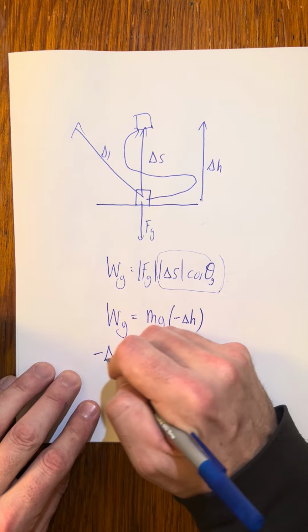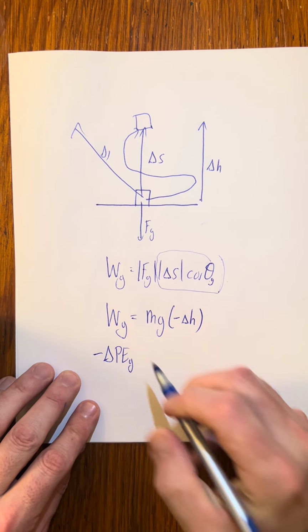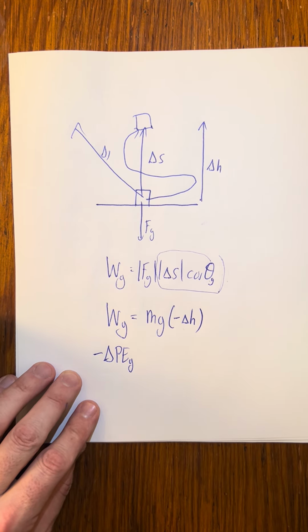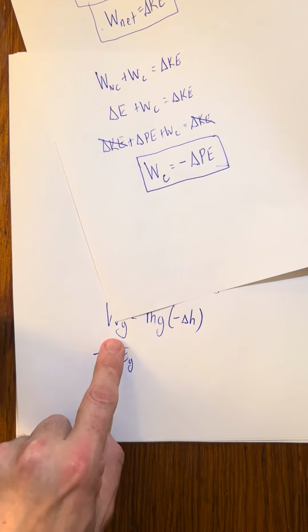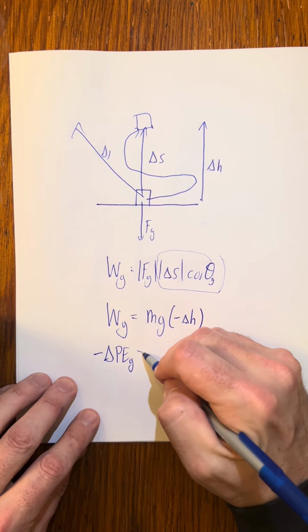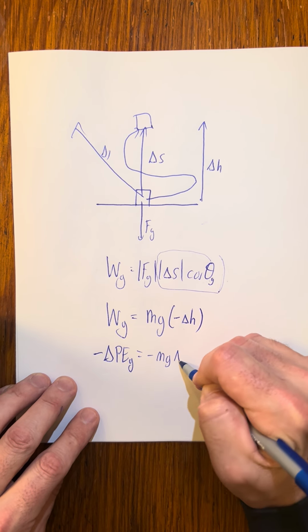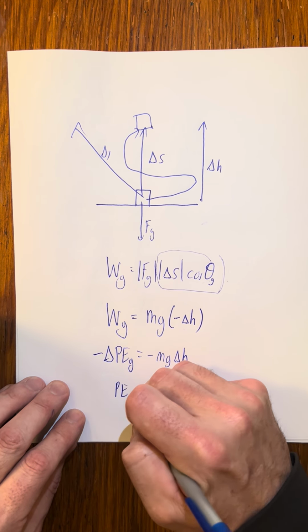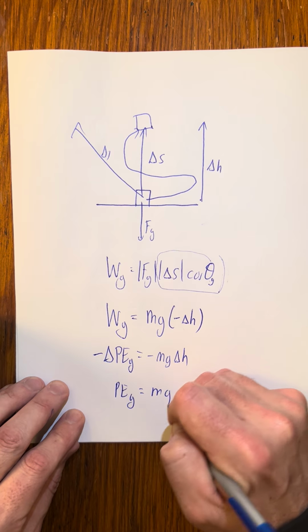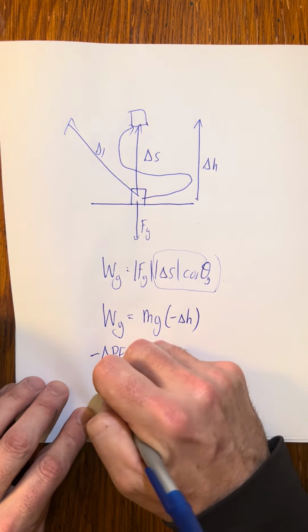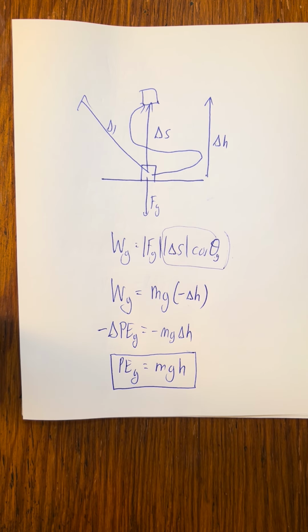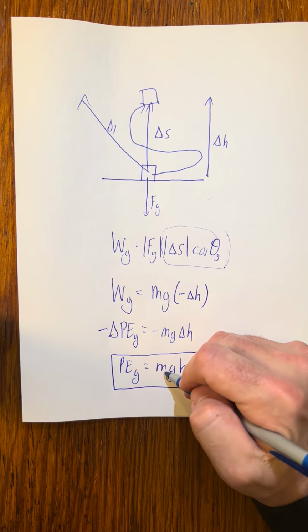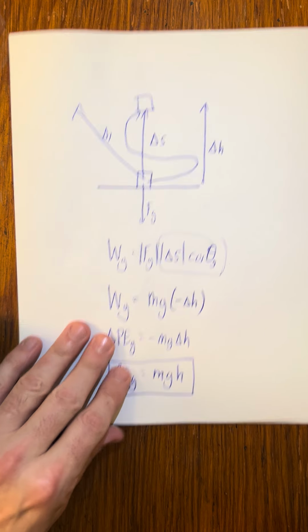Therefore, the negative change in gravitational potential energy, because gravity is the conservative force, is equal to negative mg delta h. And then getting rid of the deltas, I think we can see that the potential energy due to gravity is just mgh, right? It's just about that position, that height, and that's all that matters, okay? Boom, so there we go.